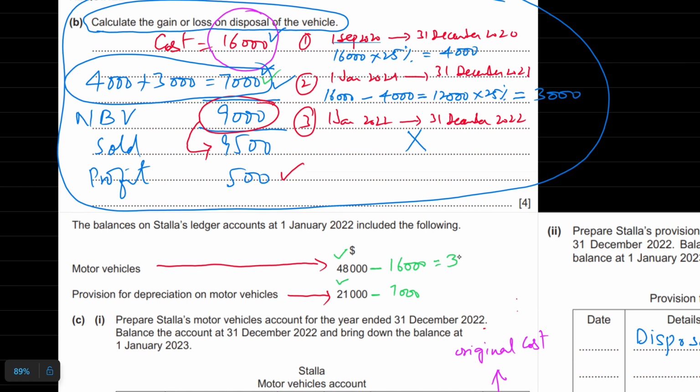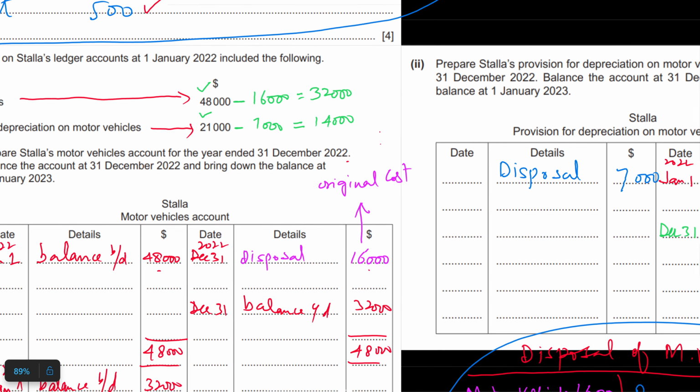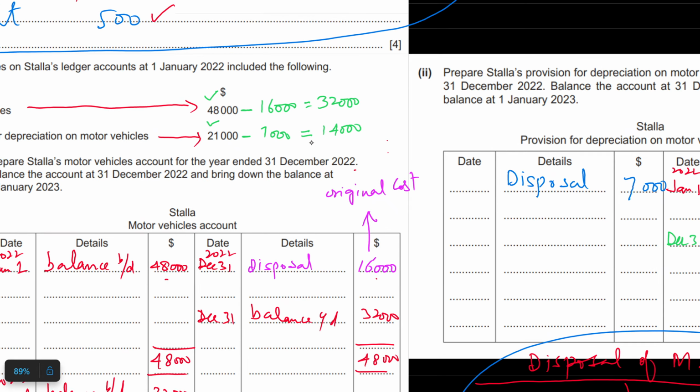Remaining cost is 32,000 and remaining provision is 14,000. Now, because we are using reducing balance method, we will subtract 14,000 from 32,000 and that remains 18,000.